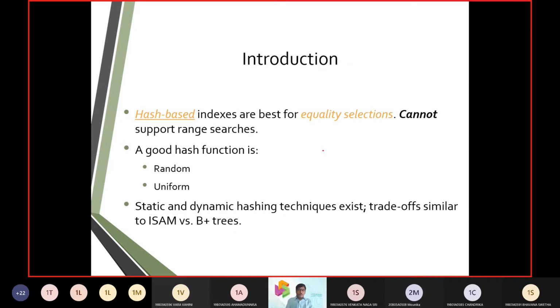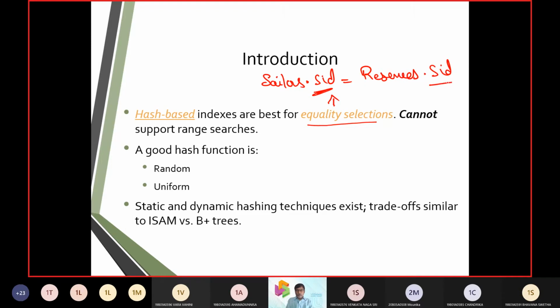When we are talking about hash based indexes, the first thing was equality selection. When we talk about equality selection, we can say Sailors.sid is equal to Reserves.sid.